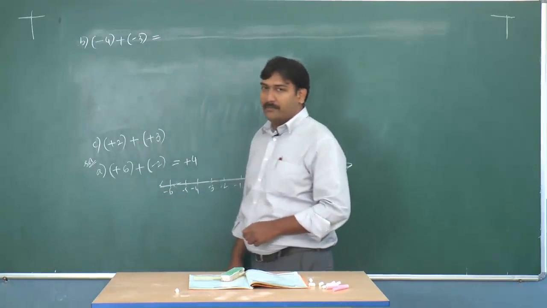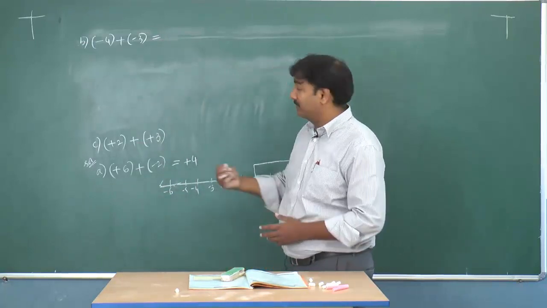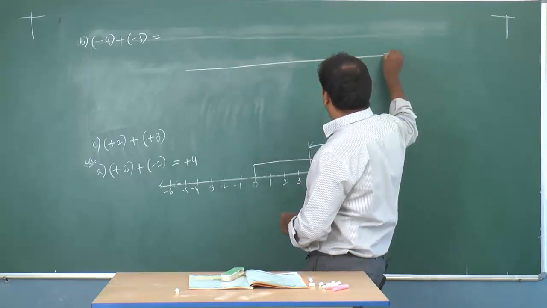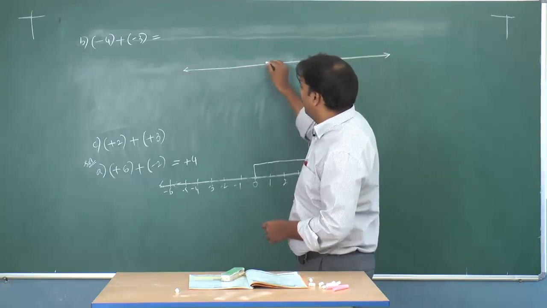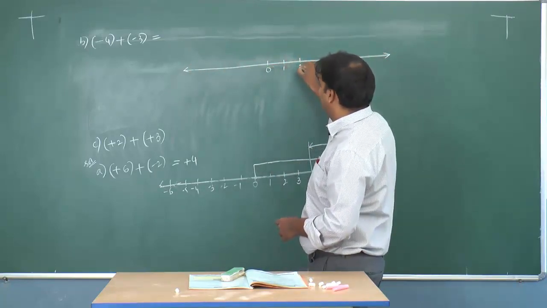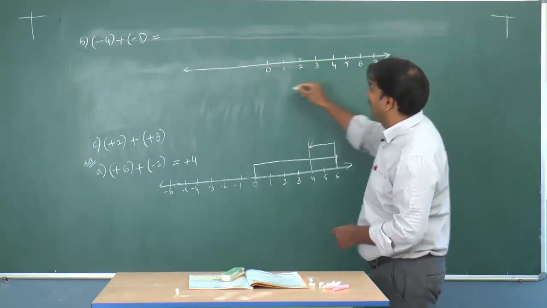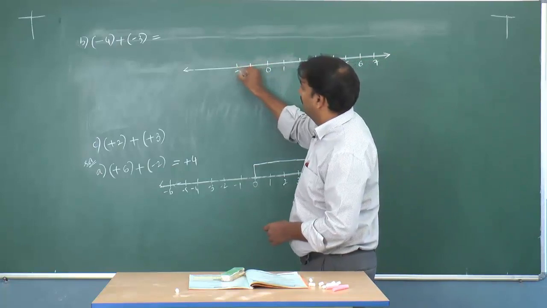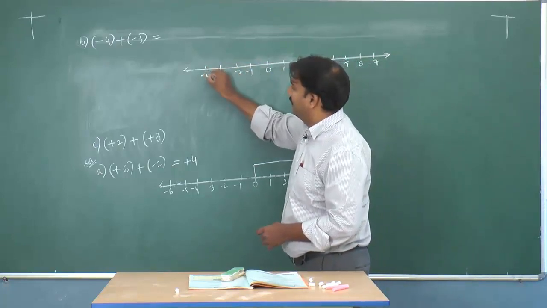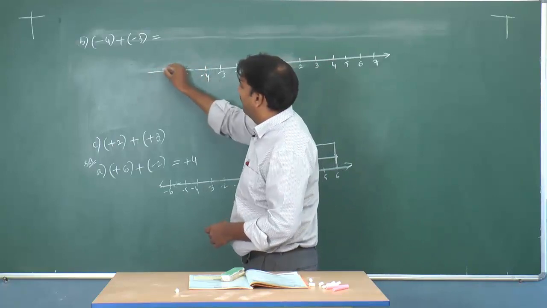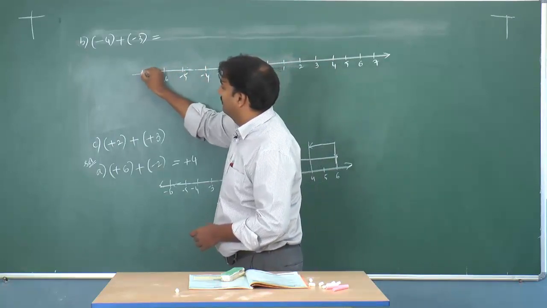You need to evaluate minus 4 plus minus 3. For this, let me draw a number line and mark the numbers on it. 0, 1, 2, 3, 4, 5, 6 and 7, and minus 1, minus 2, minus 3, minus 4, minus 5, minus 6 and minus 7.